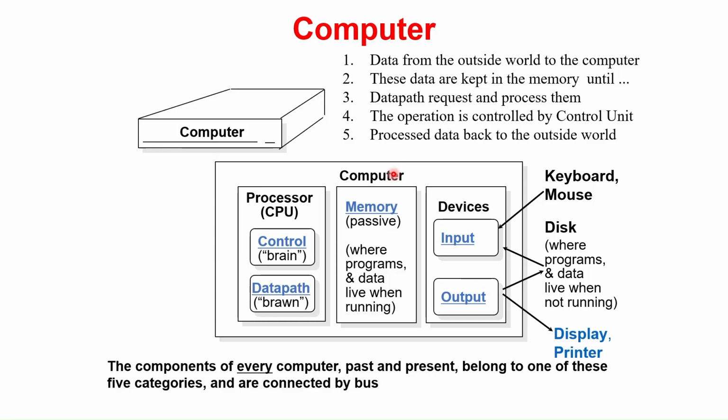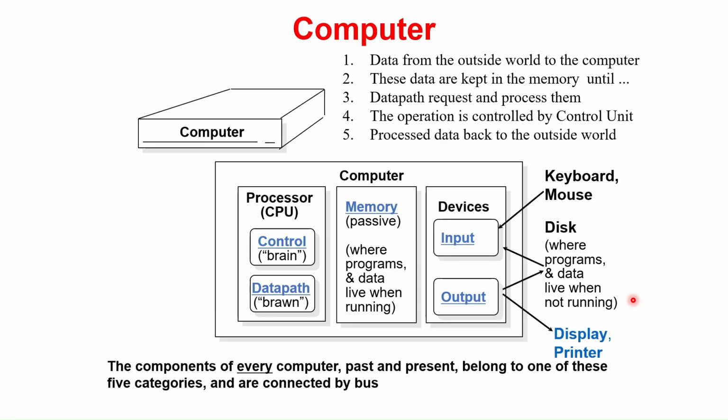Memory is passive, meaning it only stores information and does not process it. Input devices bring data into the computer. These include the keyboard and mouse, or maybe your microphone and all such types of devices. Output devices send data out of the system. These include the display and the printer, or might be the speakers, and other relevant devices.